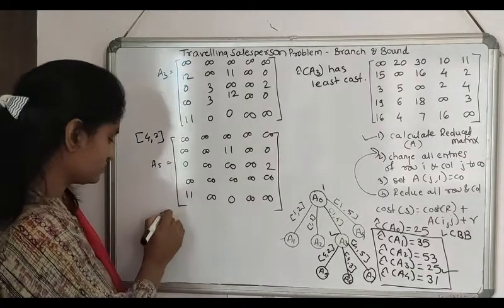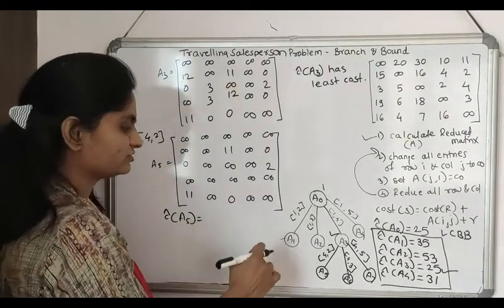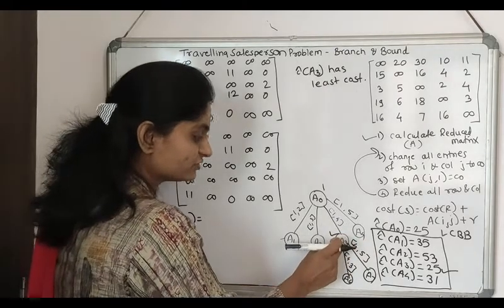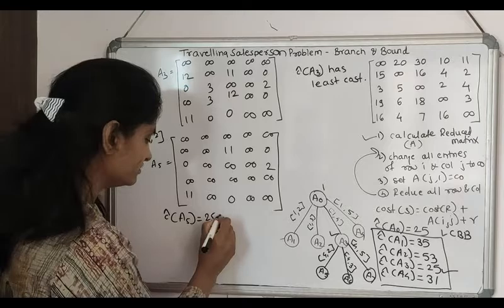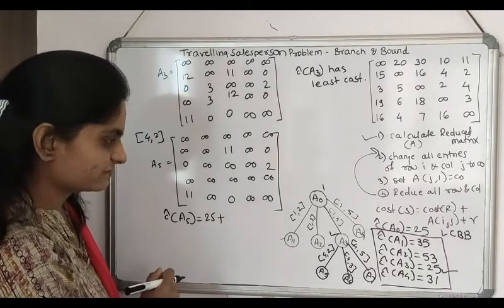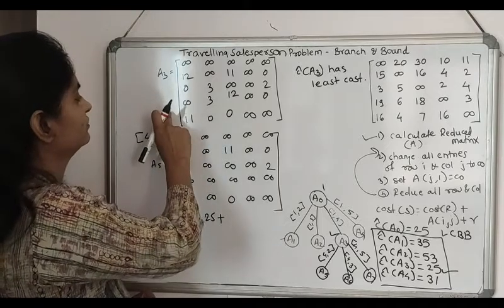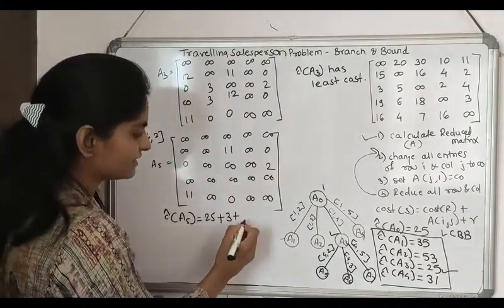Then the cost C cap of A5 is equal to the previous cost, that is A3's cost. A3's cost is 25, plus the cost of ij, that is 4 to 2, fourth row and second column, which is 3, plus r, which is 0.